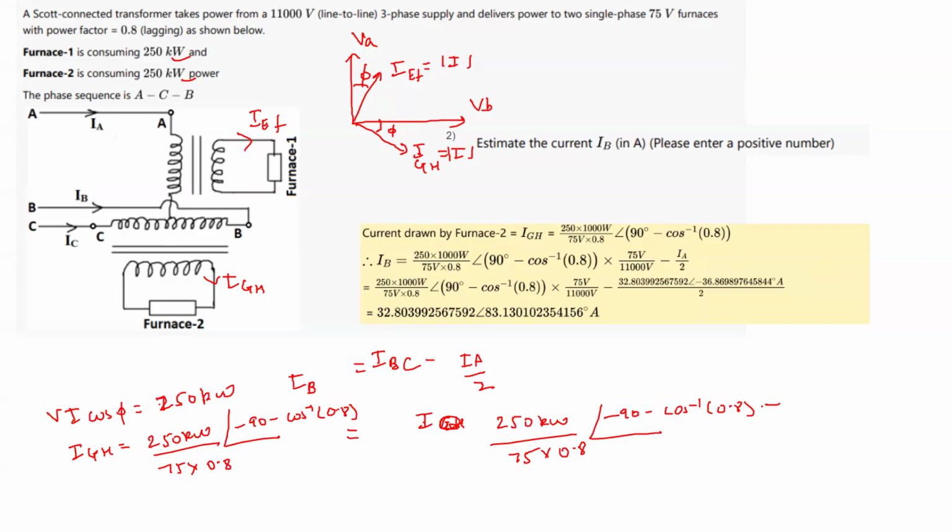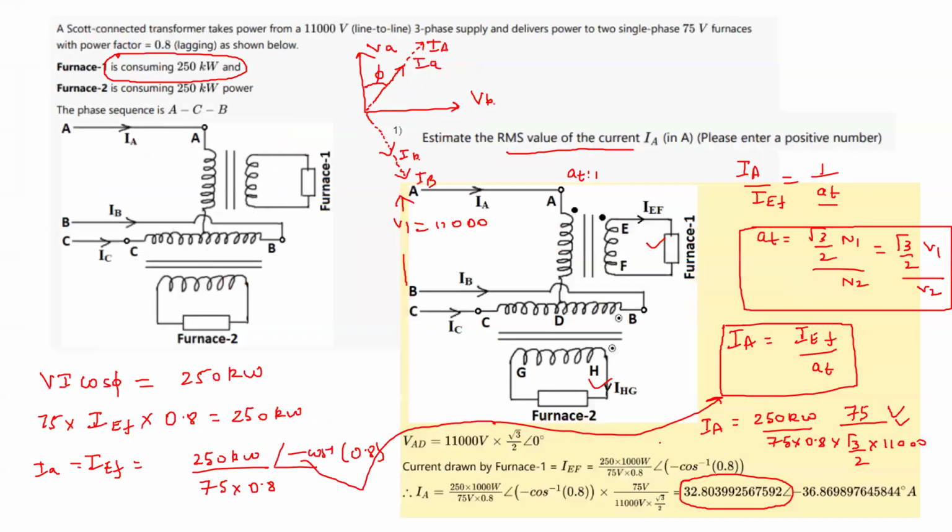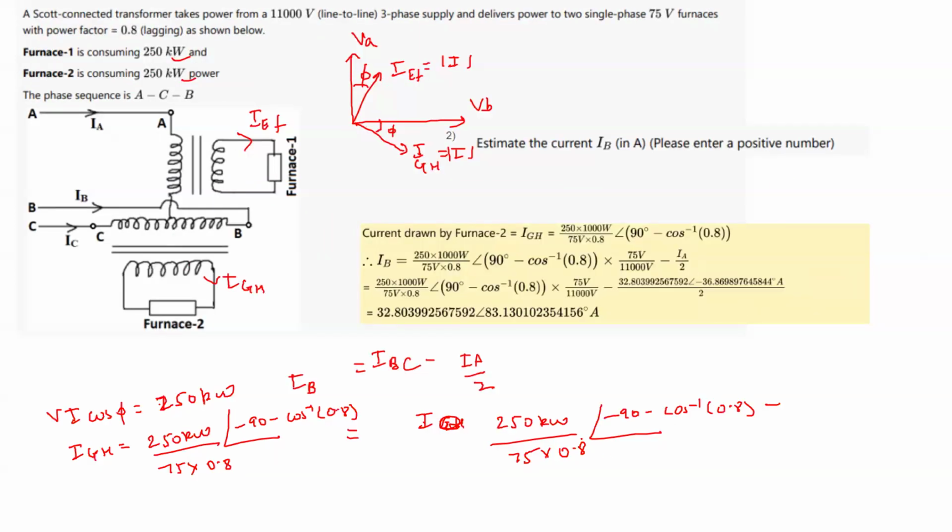And from the previous question, we have found out what is basically IA by 2. Now another thing is that this current IGH is here, but we have to get IBC. Now what is IBC? IBC will be IGH by AM. Okay, and what is AM?